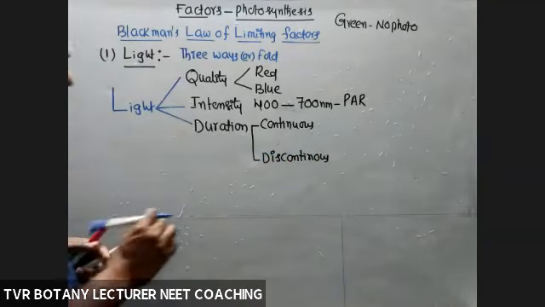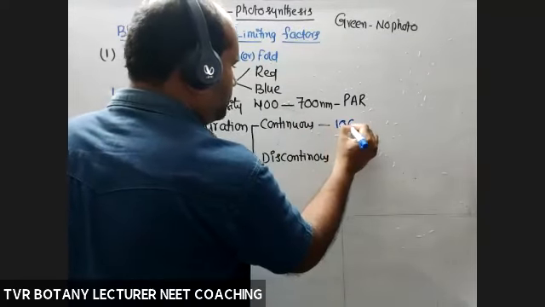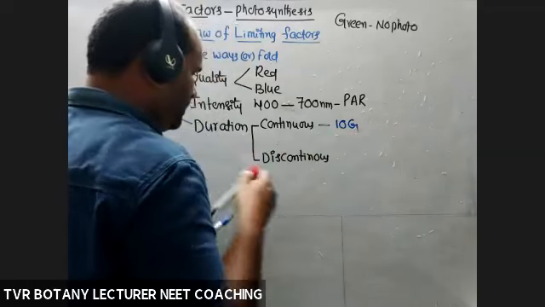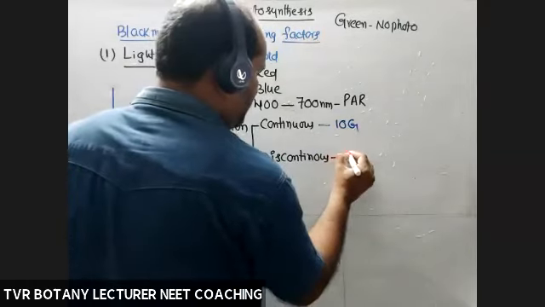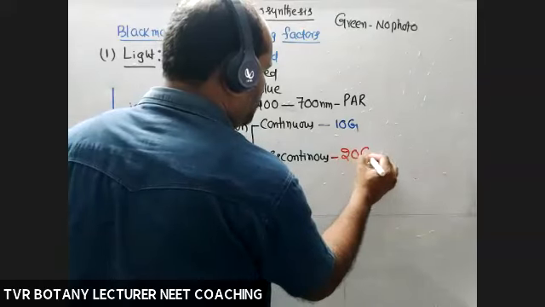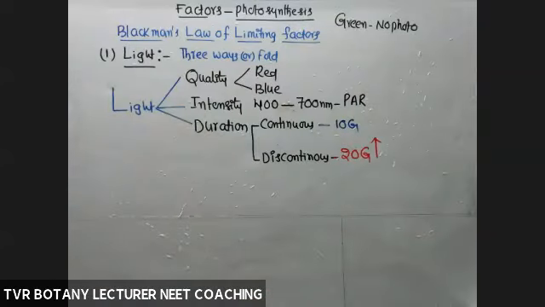For example, in continuous light, 10 glucose molecules; in discontinuous, intermittent light, in a given period of time, 20 glucose molecules. So in discontinuous light, photosynthetic yield is more. With continuous light, the rate of photosynthetic yield is less.